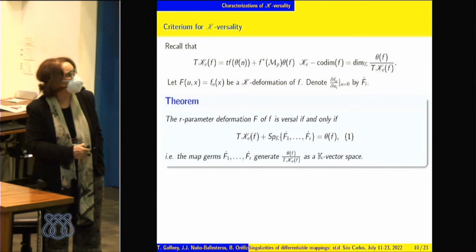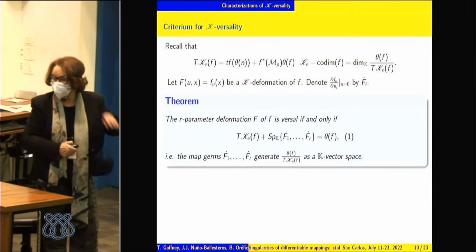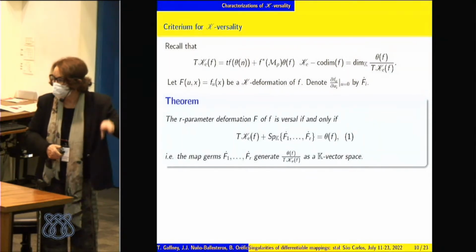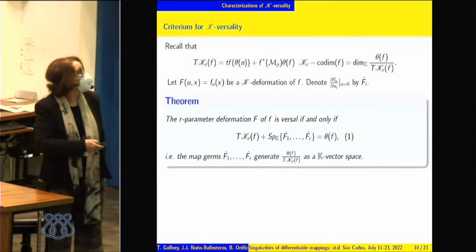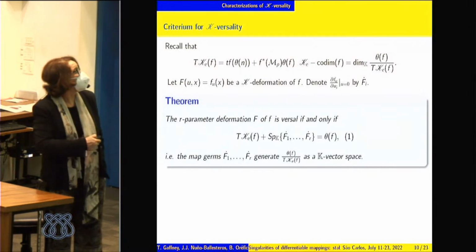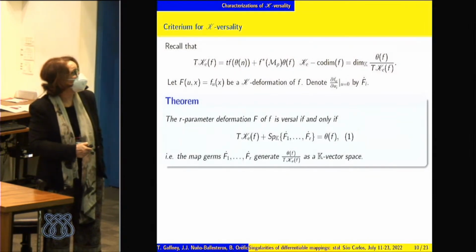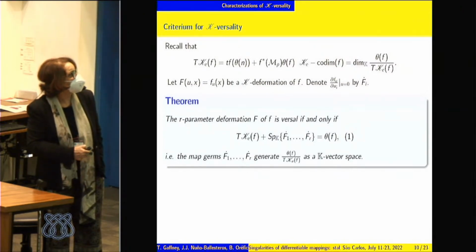In other words, the derivative dF/dui at y equals 0. So these are the directions of deformations, right? And so the result says that the R-parameter deformation is versal if and only if this condition holds.